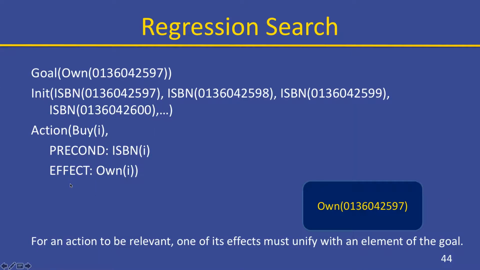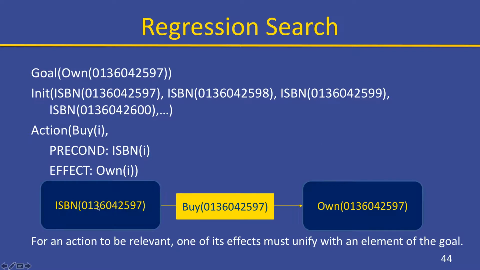Now, what do we get when we apply regression search to our book buying problem? So our goal is to own this book, and there's only one relevant action. So that's the relevant action. We construct the predecessor state, and this state is actually implied by the initial state.